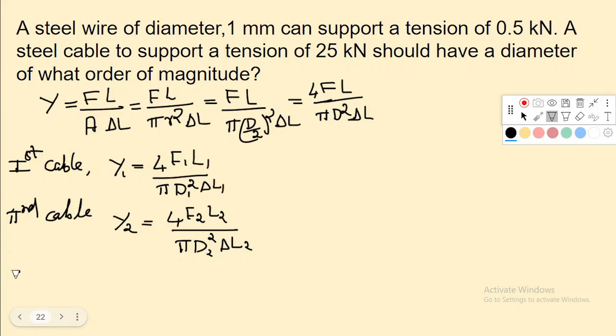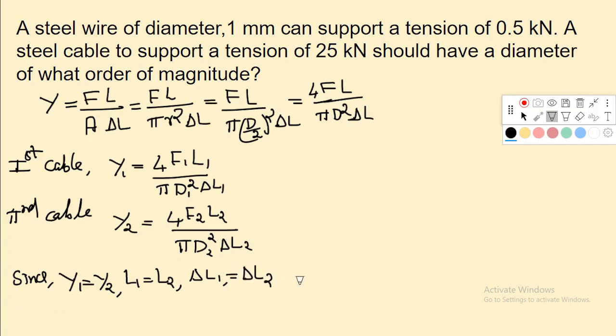Since here Y1 equal to Y2 and also L1 and L2 are the same, and the expected change in length in both cables are the same. So delta L1 is equal to delta L2.